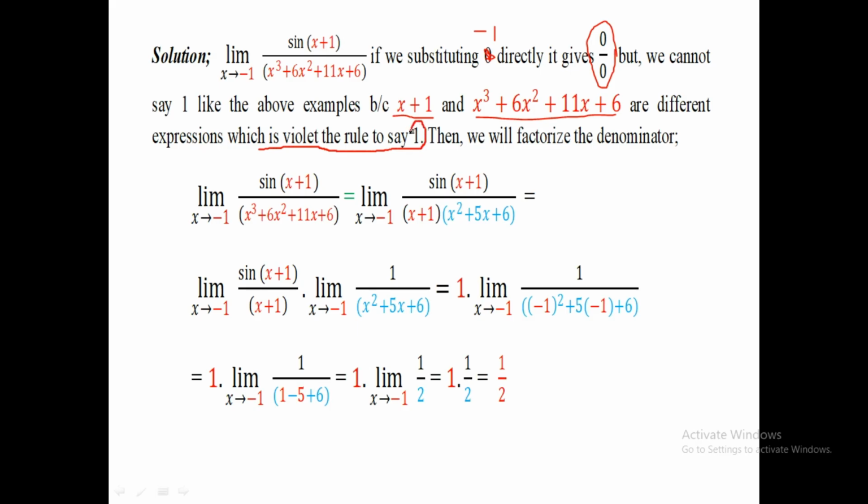The first criteria, 0 over 0, is satisfied, but the expressions within sine and at the denominator are different. That's why we cannot say the limit is 1. So it needs further calculation.